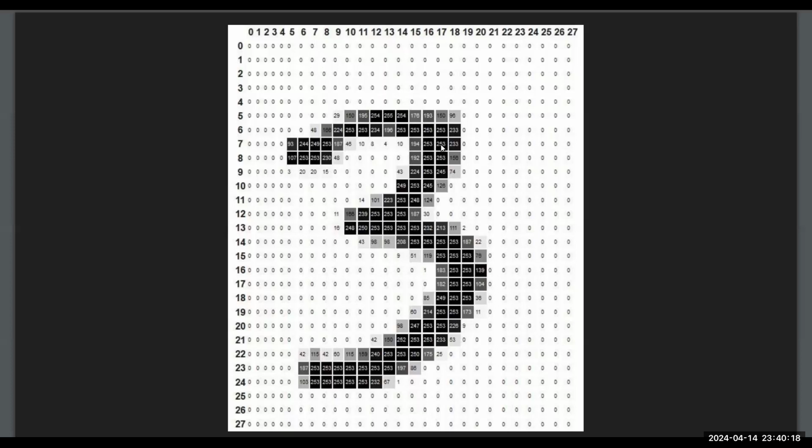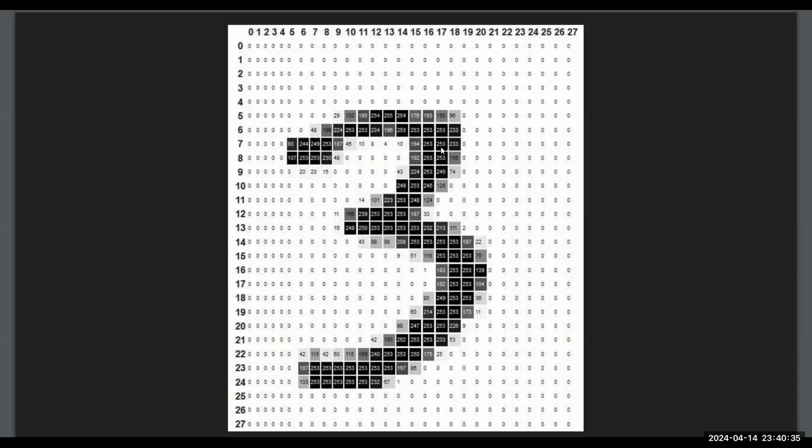Now let us look at the 7th row and the 17th column. We see that the number 253 has been assigned to it, which means that it is very close to the darkest black ever possible.